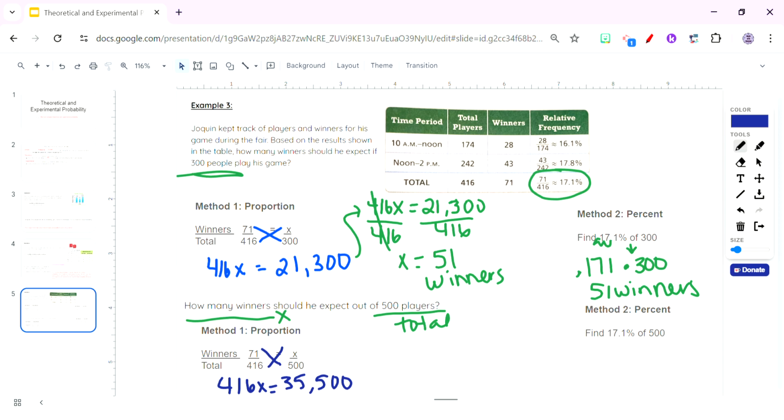Okay, so I'm just going to continue solving this over here. So we've got 416x equals 35,500. Okay, divide each side by 416. Okay, now you have x is equal to about 85 winners.